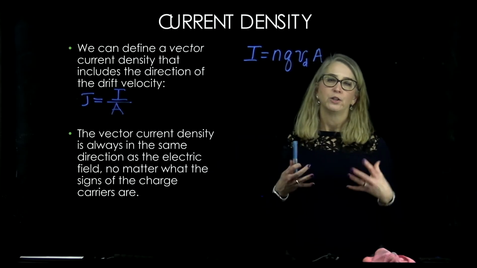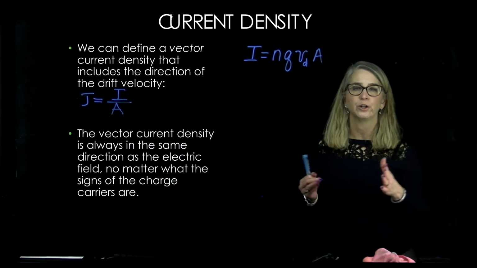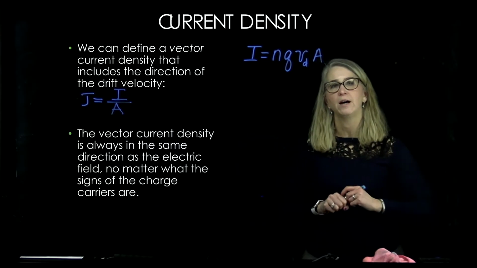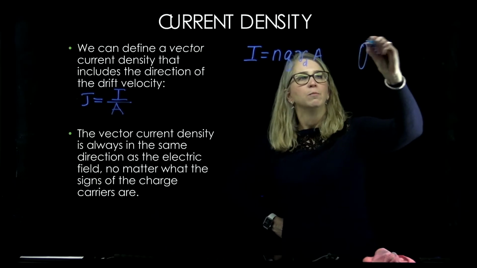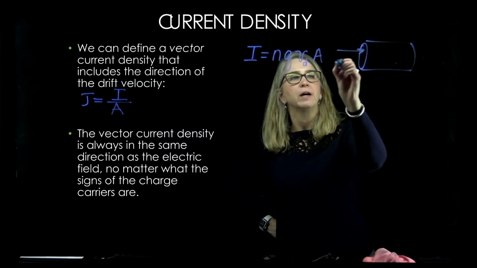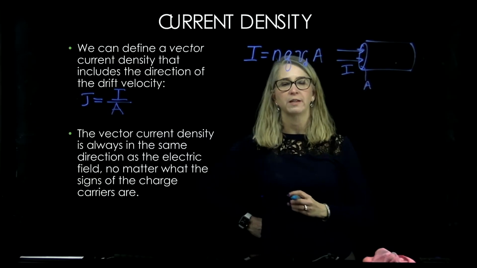And here, what is a little bit unexpected, the current density is defined as the current per unit area, because in this model of the wire, we're thinking about the current passing through this cross-sectional area.